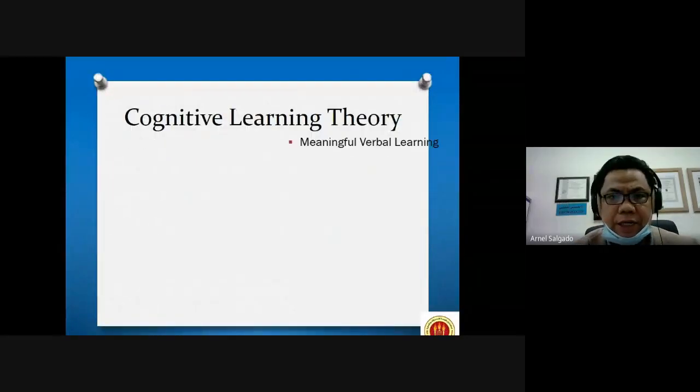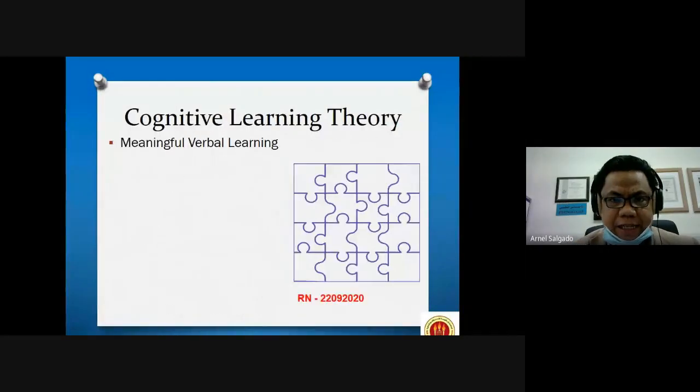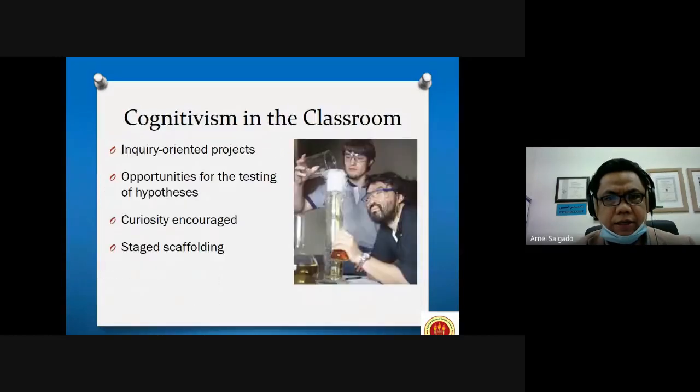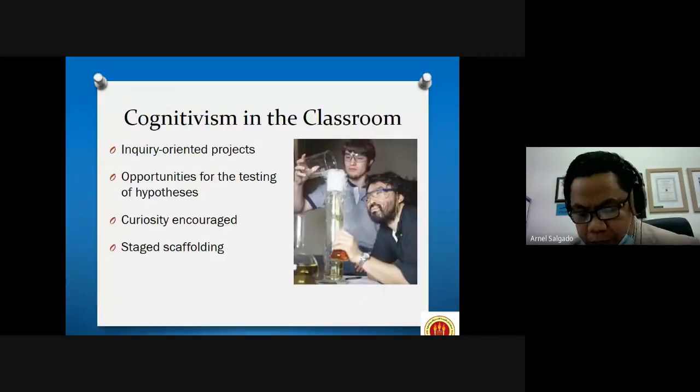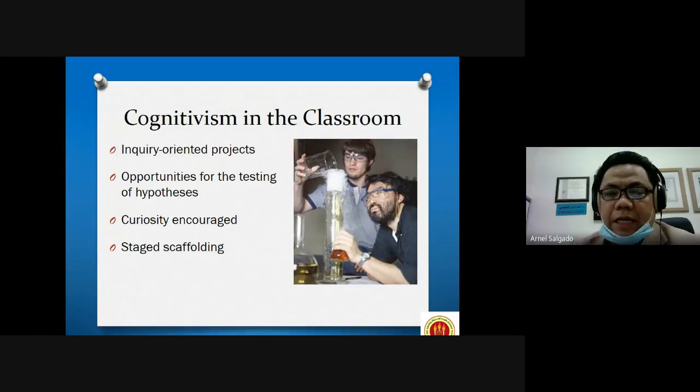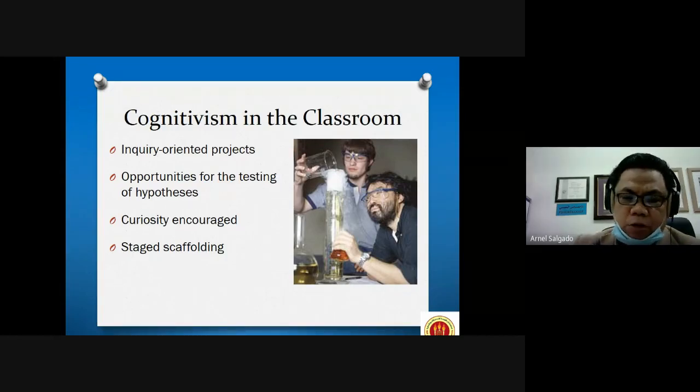Okay. Yesterday we ended up with CLT, right? Now CLT is actually very essential because, not like the other theories of learning, we are actually going to focus on the process.